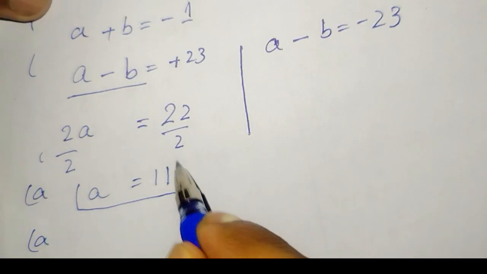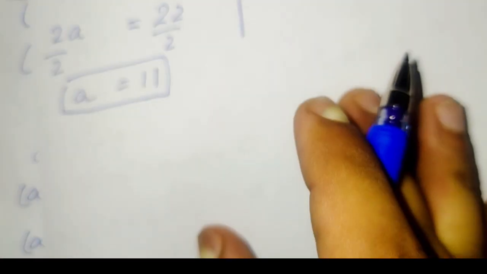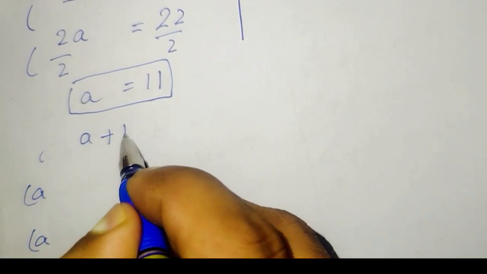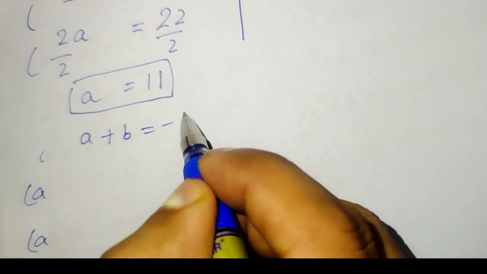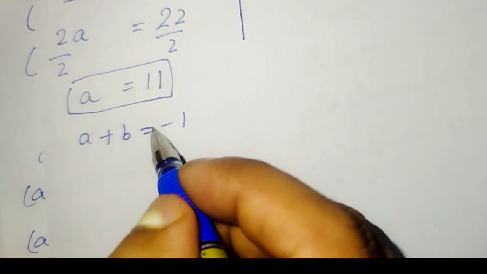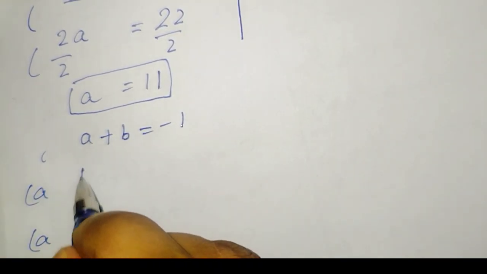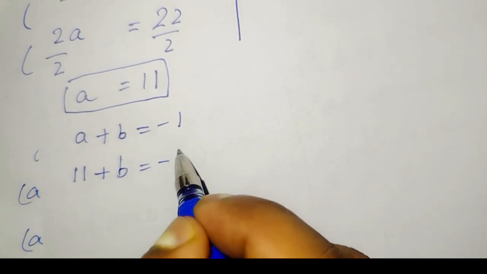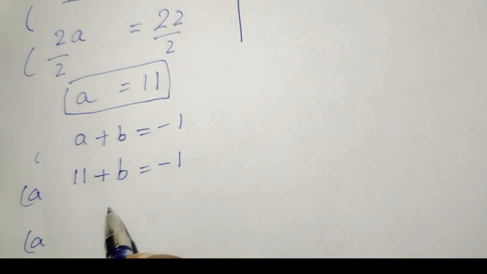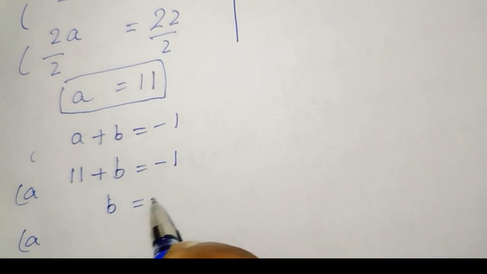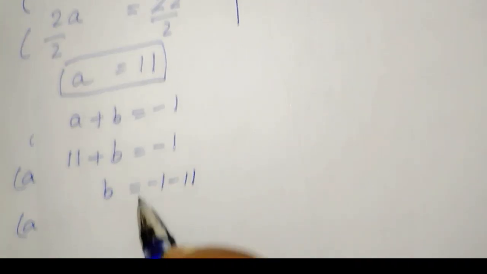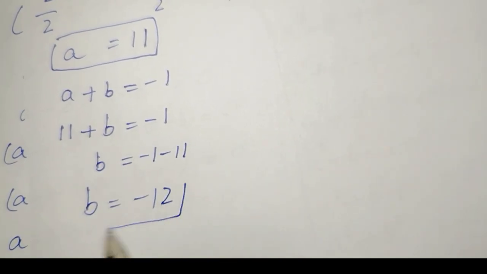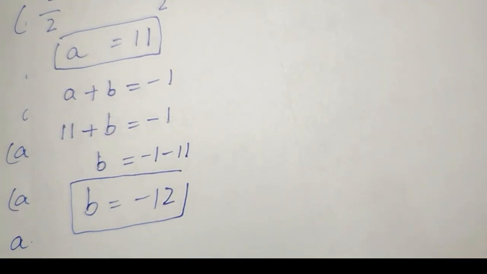So we got a. Now the value of a can be used in equation number 3: 11 plus b equals negative of 1. So 11 is subtracted, then b becomes minus 1 minus 11. So b becomes minus 12. So we got a and b in our first case.